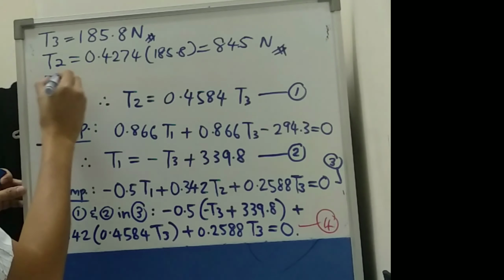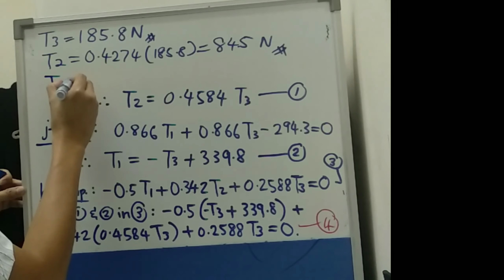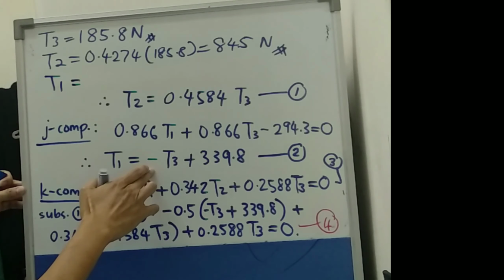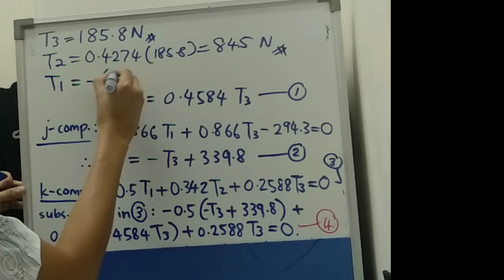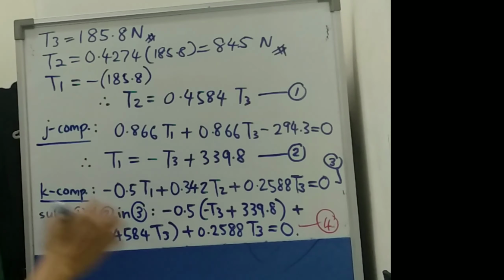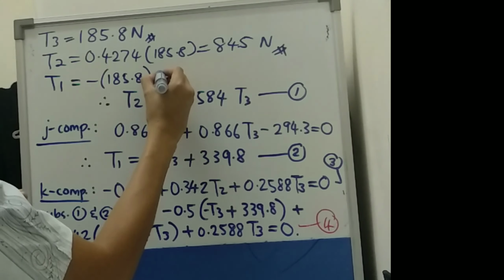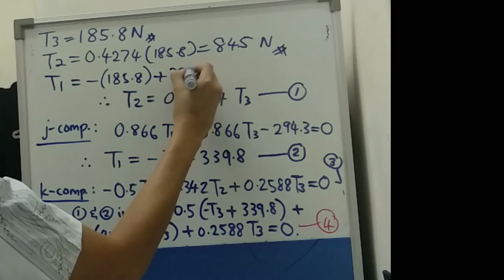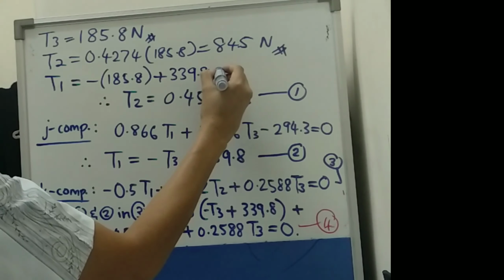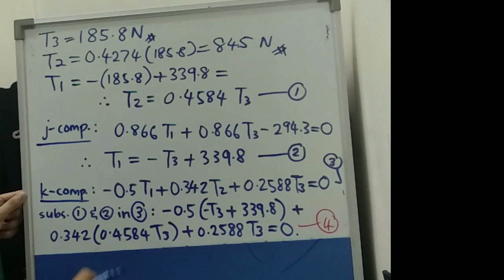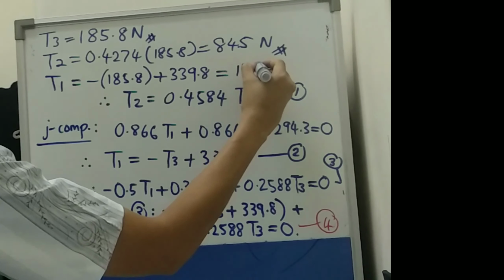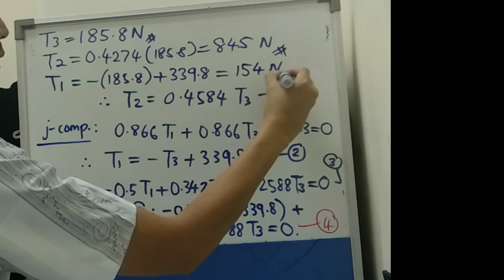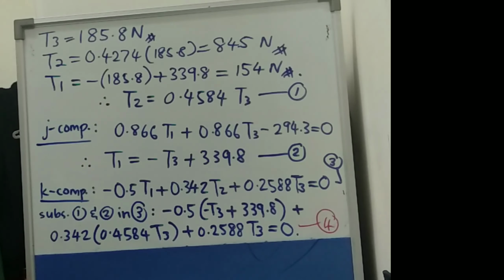So T1 equals minus T3, minus 185.8 Newton plus 339.8. That gives you T1 equal to 154 Newton. So there you go.